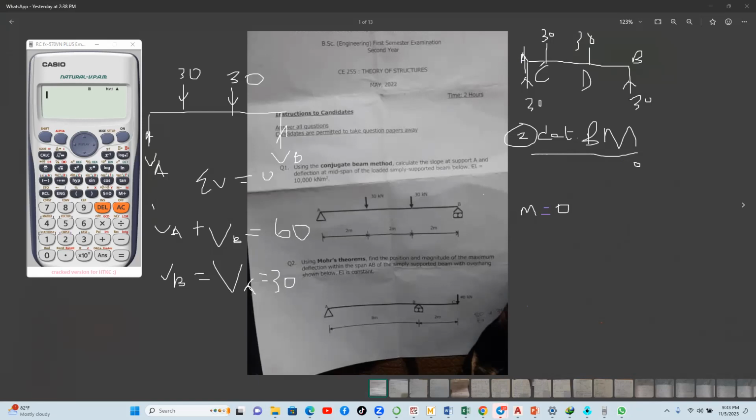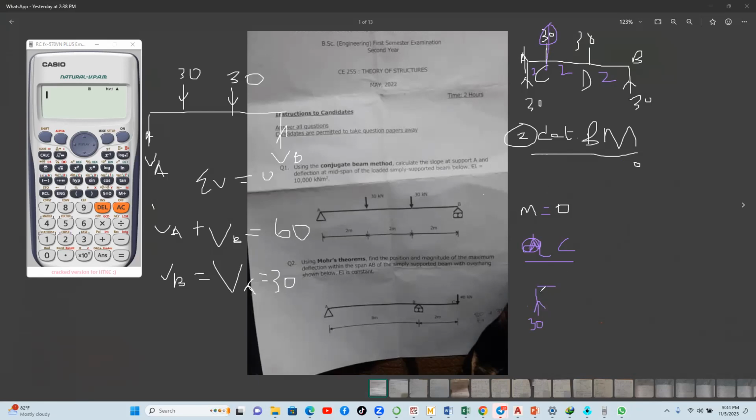Let's go to C. So here is 2 meters, 2 meters, 2 meters. So at C. So what am I having at C? So when I cut at C, I'll have my 30 here. This load, when I cut through it because it is a point load, it will vanish.